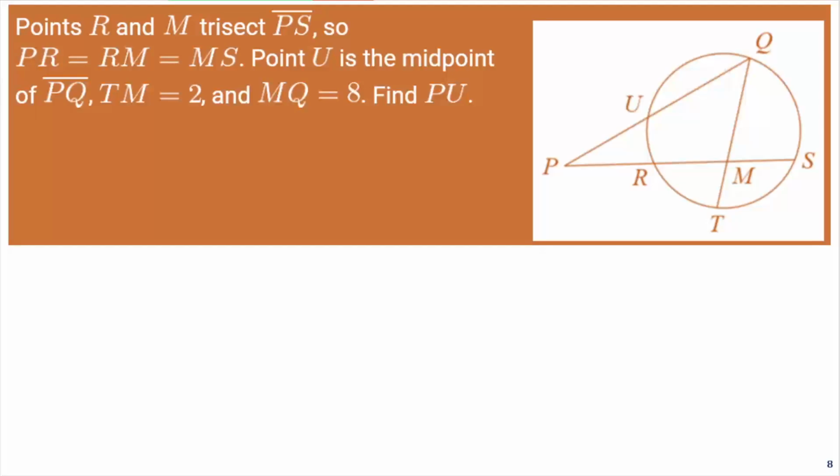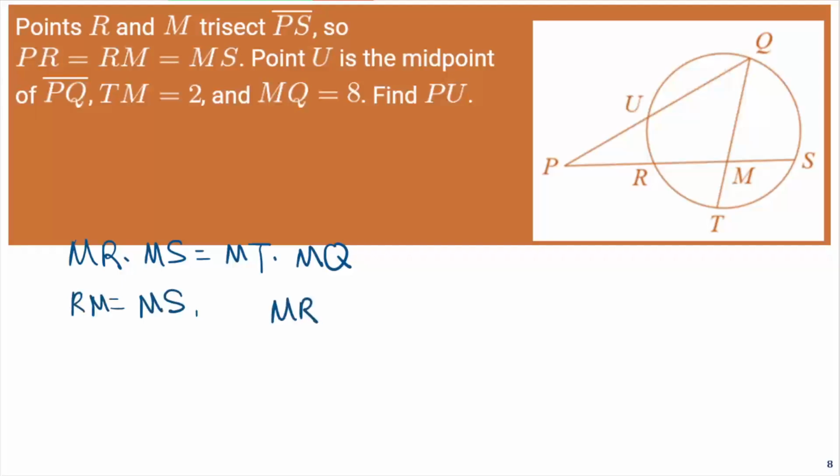The power of point M gives us MR times MS equals MT times MQ, right? We know that RM equals MS. So substitution gives us MR squared equals 2 times 8.